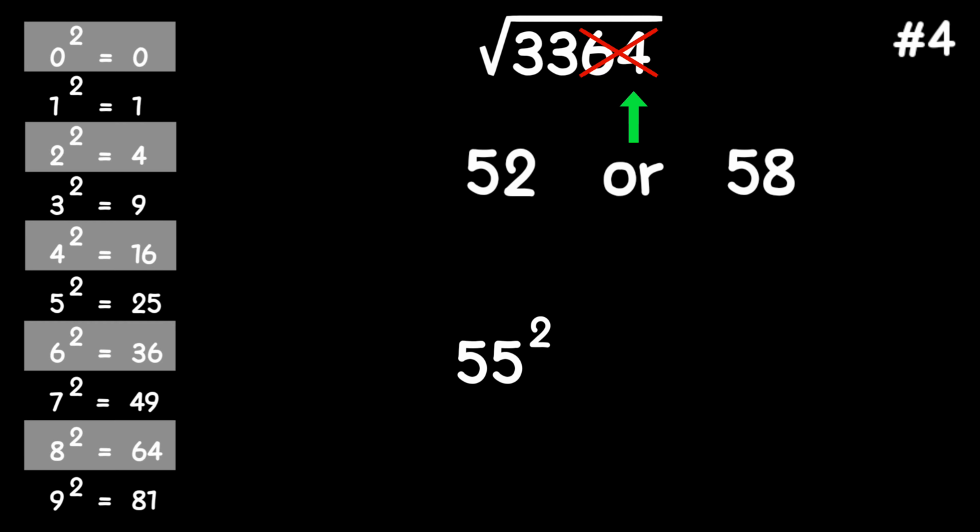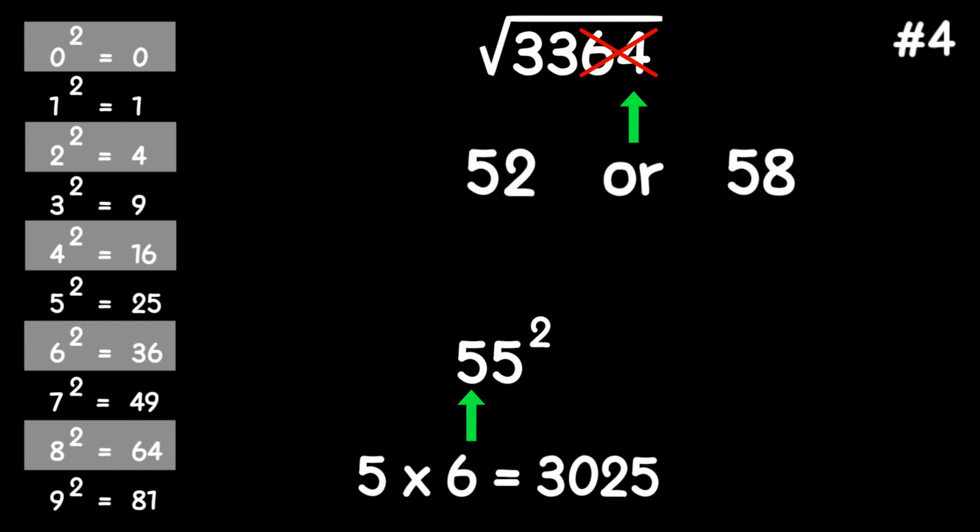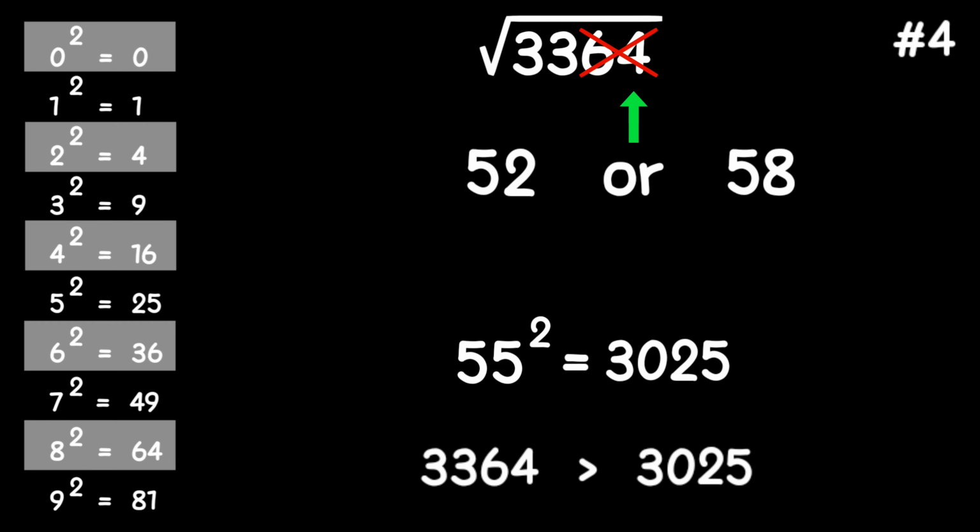To do this, we calculate the square of 55, which is right in the middle of 52 and 58. We take 5 and multiply it by 1 more than itself, which gives us 30. Put 25 at the end. Notice that 55 squared is equal to 3025, which is smaller than 3364. Therefore the square root of 3364 is 58.